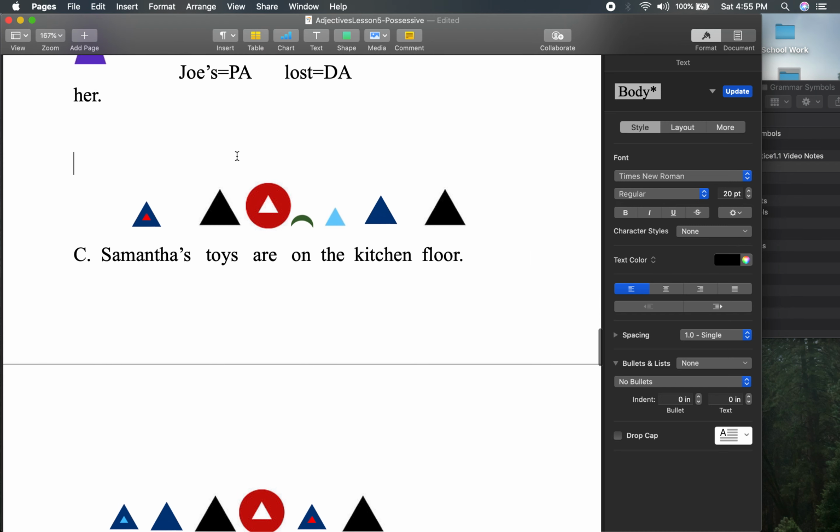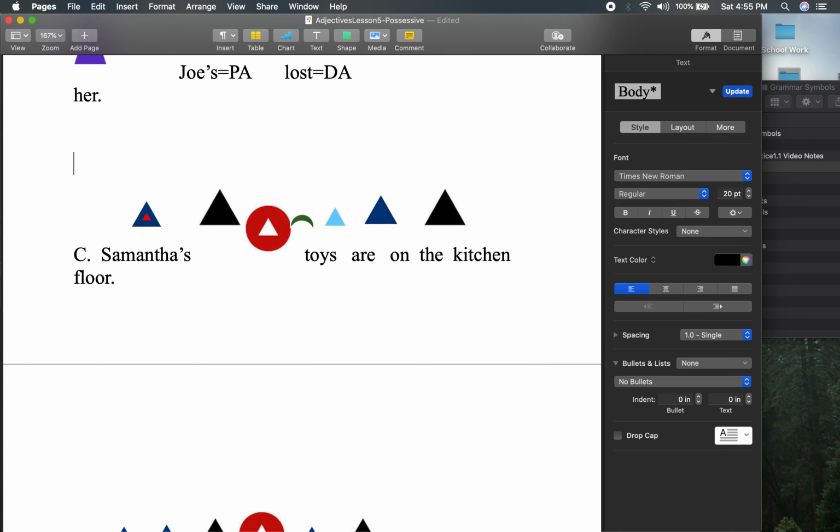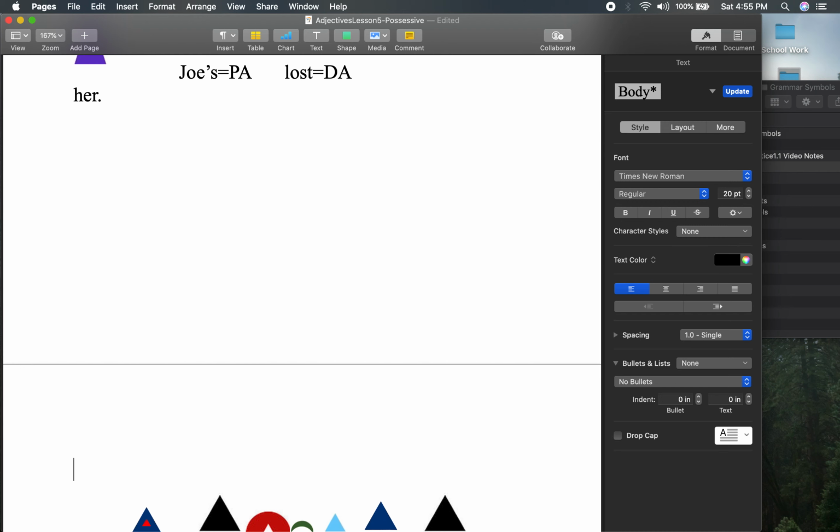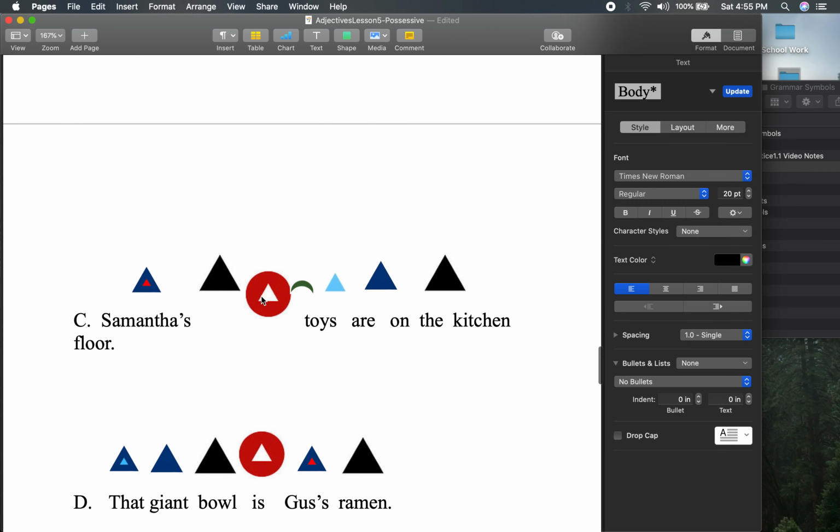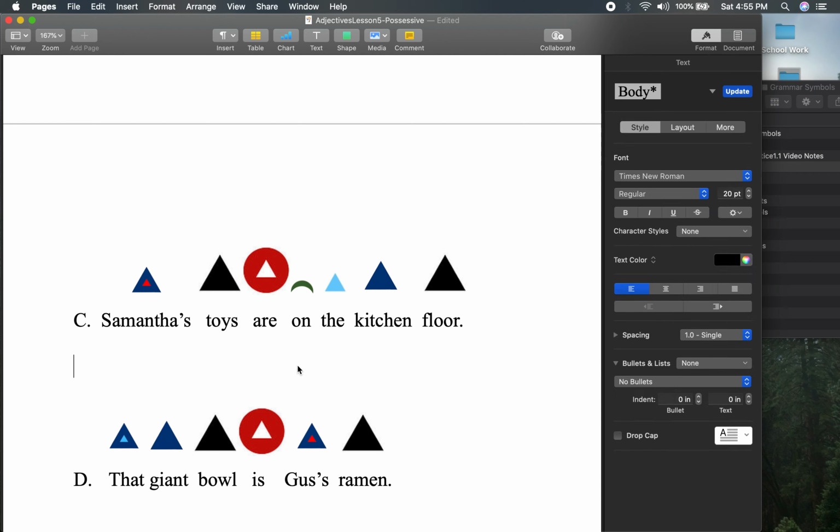Looks like I also forgot to make sure that I had Samantha figured out here. So we're going to have to fix this. Oh, kitchen is just a regular descriptive adjective.